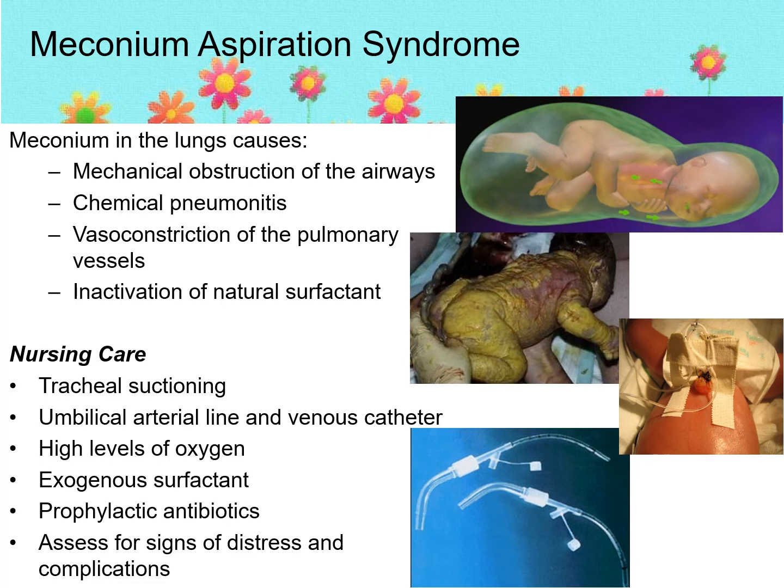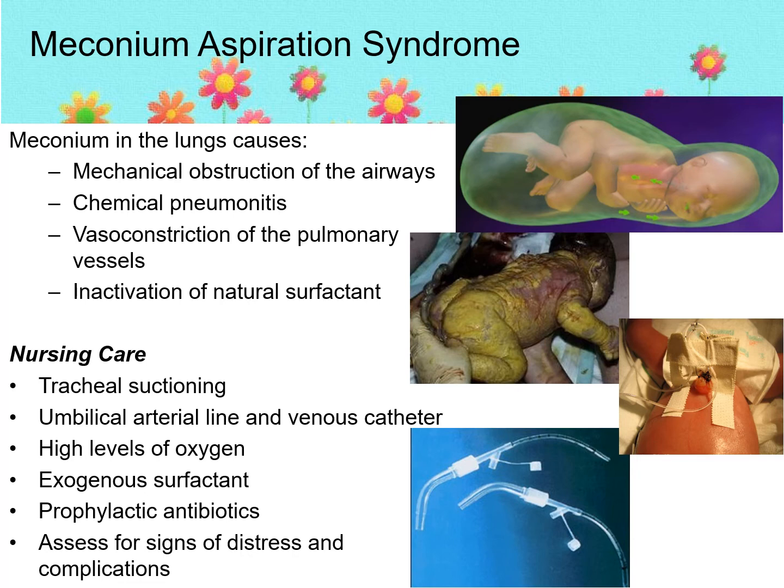Okay, so you can see that line taped into the umbilical cord. Okay, high levels of oxygen, exogenous surfactant, so in other words, that man-made surfactant that we could administer after birth through the ET tube. Okay, and definitely some prophylactic antibiotics.